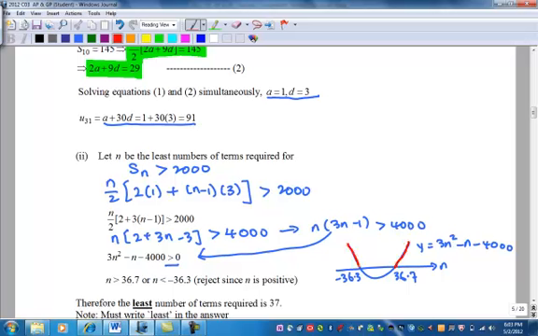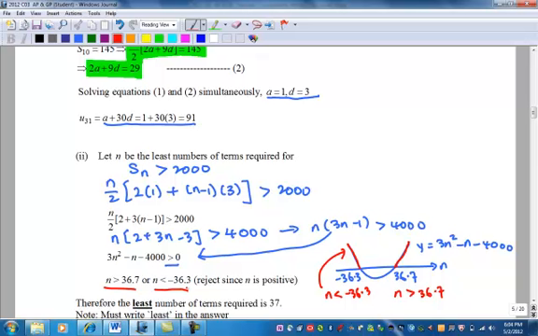For this highlighted red part of the graph, the values of n will be n bigger than 36.7, or the other portion, n less than negative 36.3. So we end up with the solution for the range of values of n that solve the inequality.